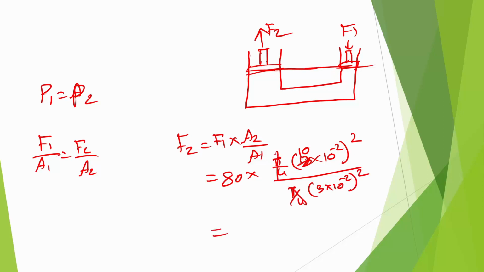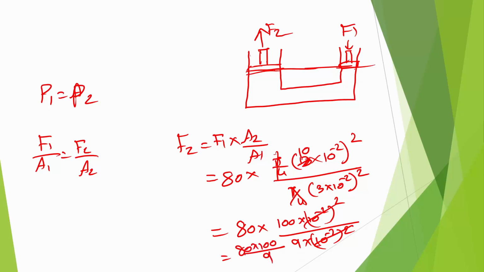So this and this I can cancel out. That's why I didn't find the area directly, because anyway it is going to be cancelled out here. 80 into 100 into 10 power minus 2 the whole square divided by 9 into 10 power minus 2 the whole square. I'm using the law of exponents. So these two will cancel. So I'll get 80 into 100 divided by 9.